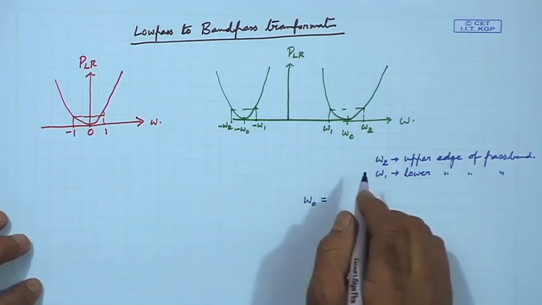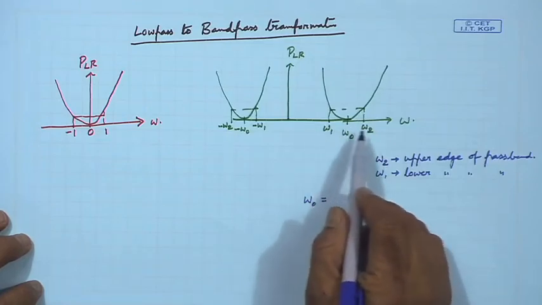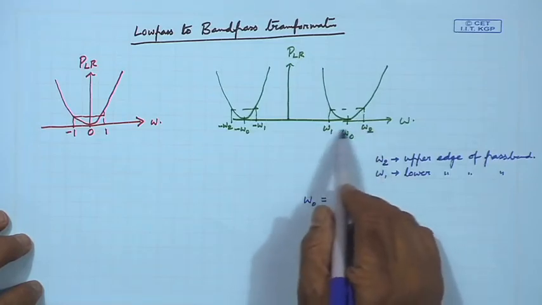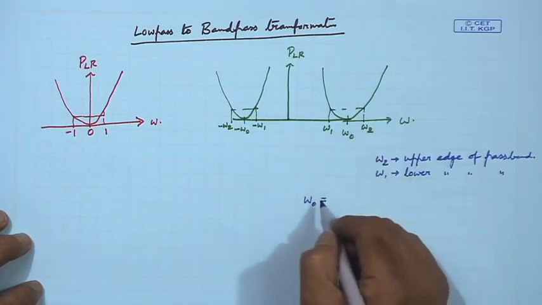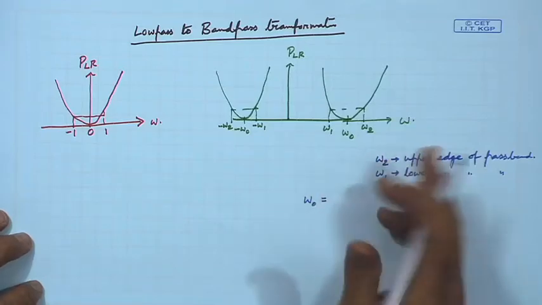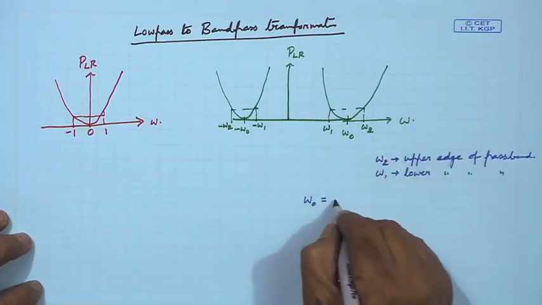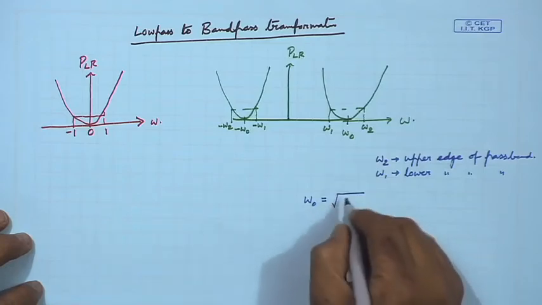Now, omega naught we can take either as the arithmetic mean of omega 1 and omega 2, or we can take it as the geometric mean. Both possibilities are there, but the transformation equations become easier if we take the geometric mean.